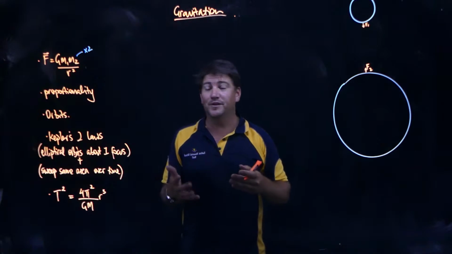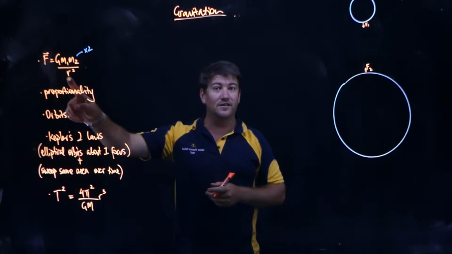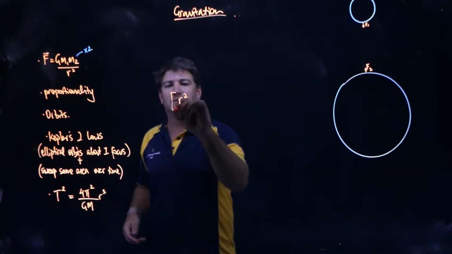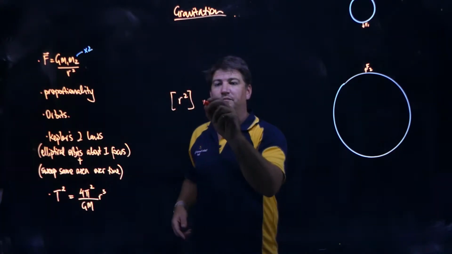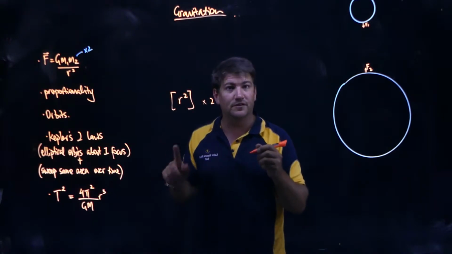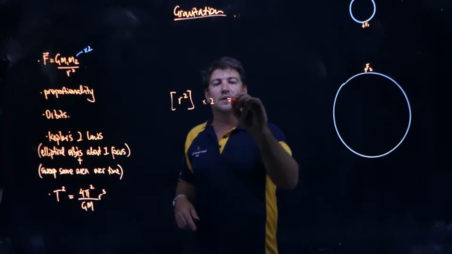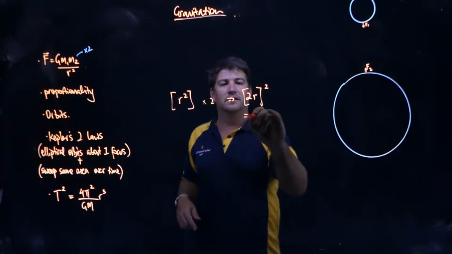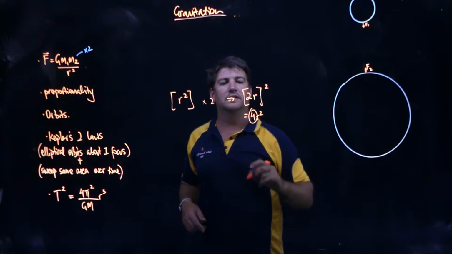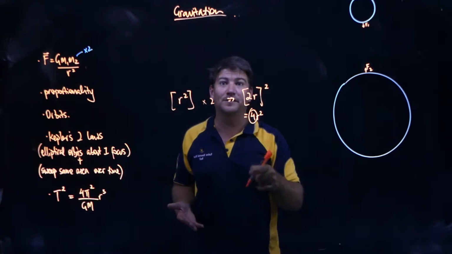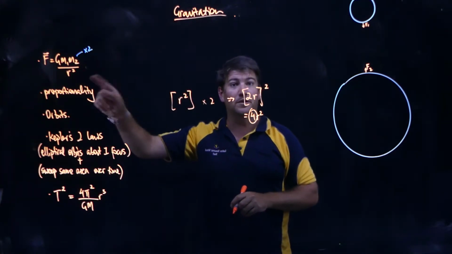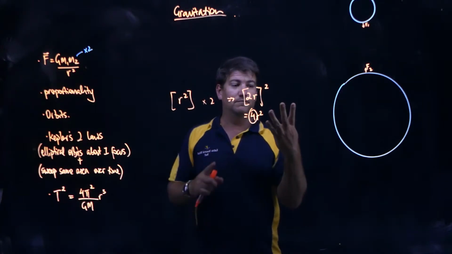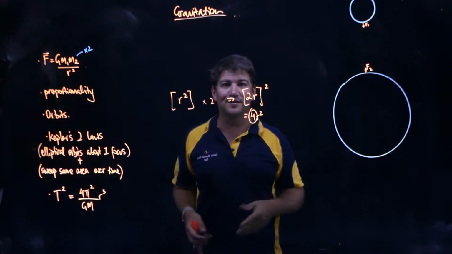The trick with that one is that I'm doubling the distance, not doubling the square. Now I'm ending up with two lots of r that's squared, so I've got my original r still, but I've got a factor of 4 on the bottom line. So if I make the distance twice as big, I make the force 1 over 4 times the size. I make it a quarter.